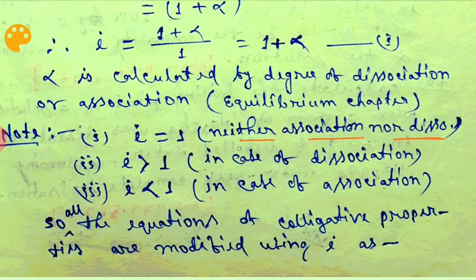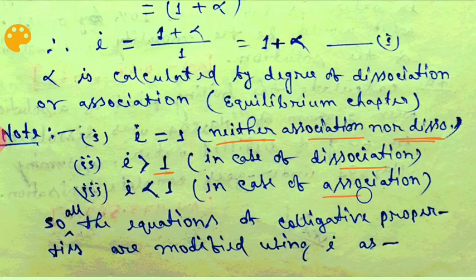If a solid particle undergoes neither association nor dissociation, then I is equal to 1. I will be more than 1 if dissociation takes place. Due to dissociation, the number of particles is increased, and hence the observed value will increase. So I will be greater than 1.